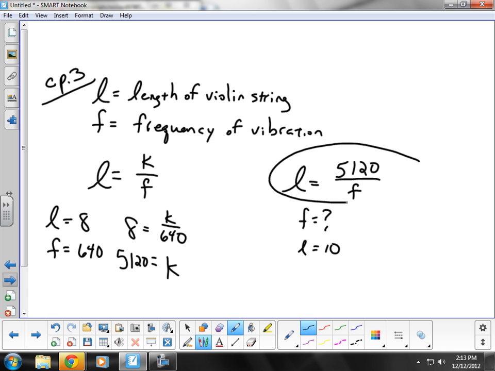Sometimes they ask you to stop here. All you had to do is find the equation. But in this case, again, they asked me to actually predict a future value with it. It says, what is the frequency if the string is 10? So I'm going to have 10 is equal to 5,120 divided by F. Now, for some reason, this really bothers people when the variable's in the denominator.